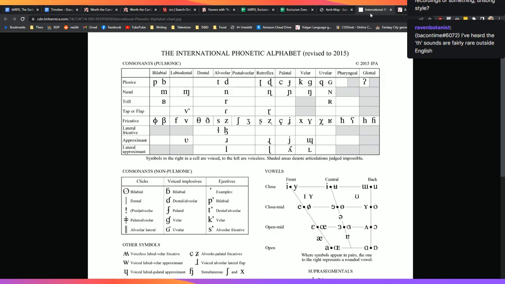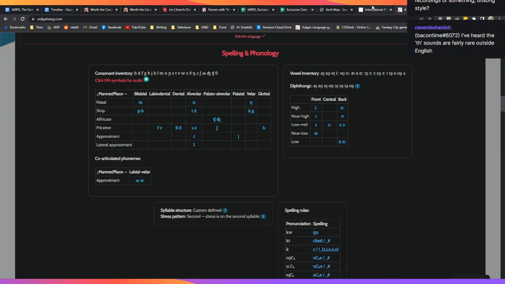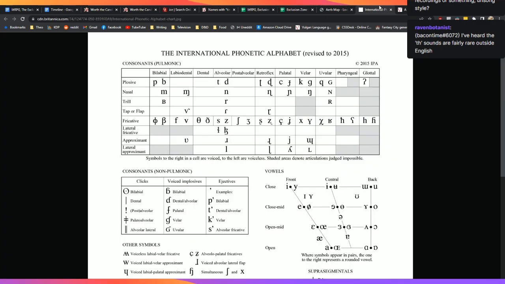All right, I'm gonna at least make sure it doesn't overlap with English, but I'm gonna include some of these. Oh, I can't copy paste either. Okay.